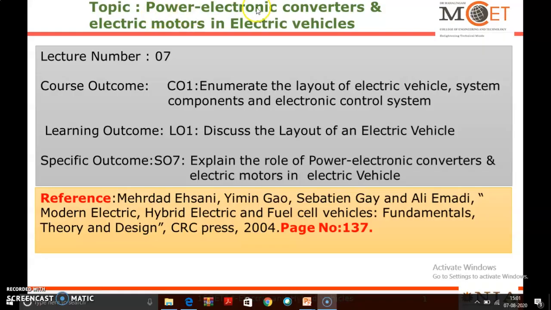The power electronic converters and electric motors in electric vehicles come under course outcome 1, which is to enumerate the layout of electric vehicles, system components and electronic control systems, under which learning outcome 1 is to discuss the layout of an electric vehicle, under which specific outcome 7 is to explain the role of power electronic converters and electric motors in electric vehicles.